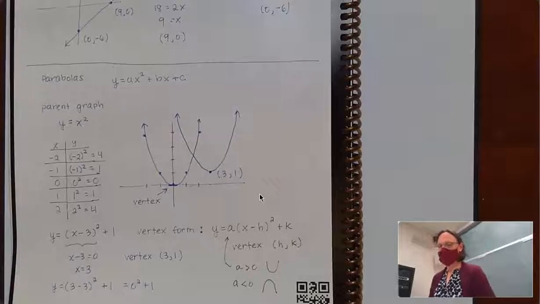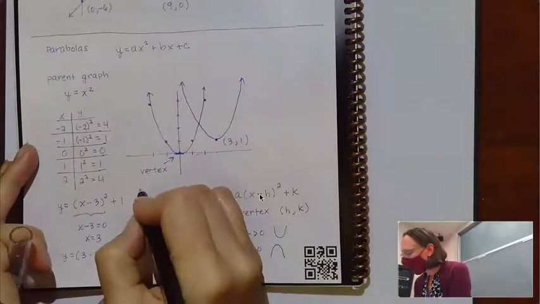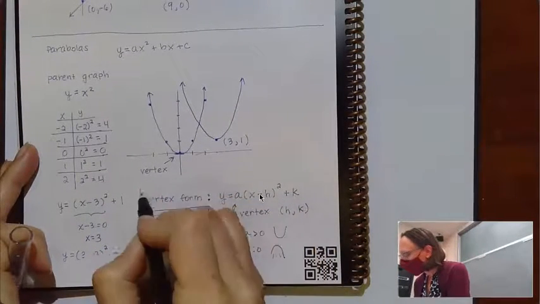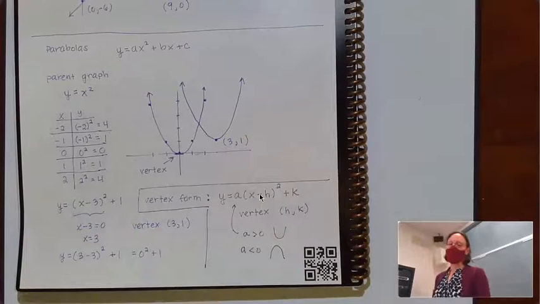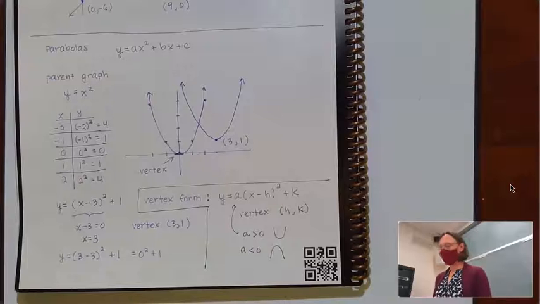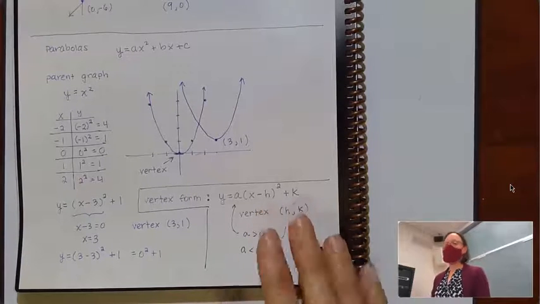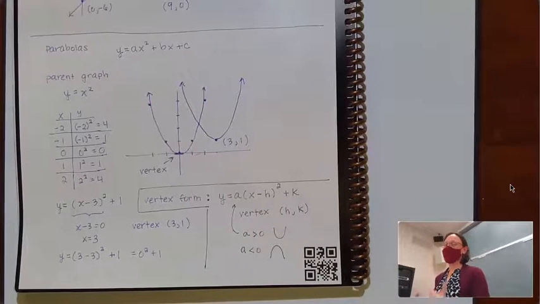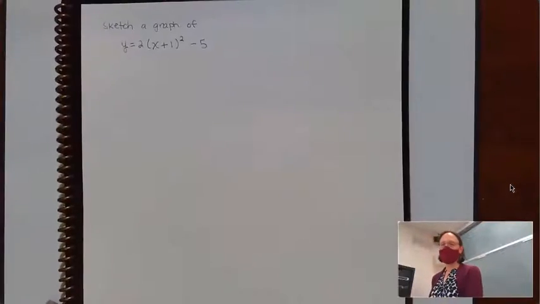I knew there were questions. So if I come back here, this is our general formula for the vertex form. So the h and k in any given equation are actually going to be numbers. So let's do an example and see if that helps to make sense of it.